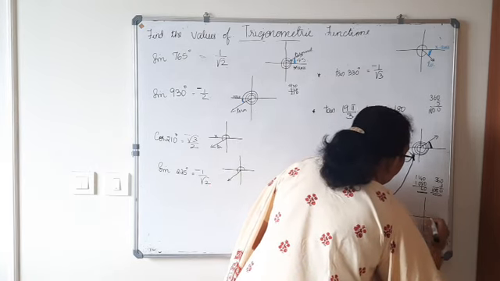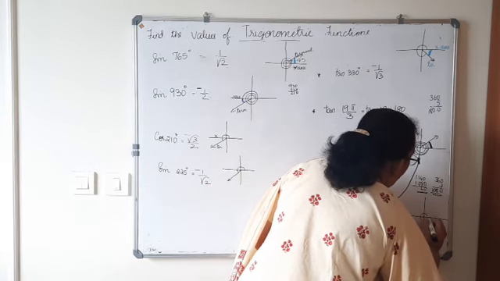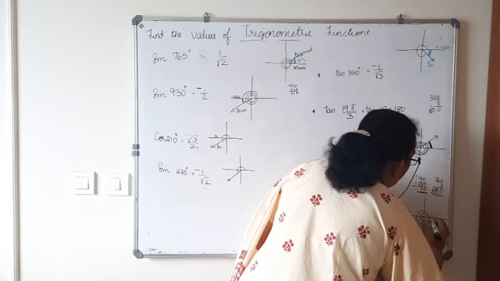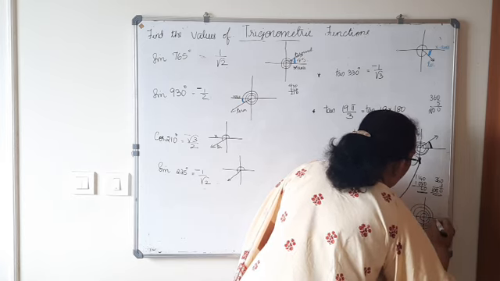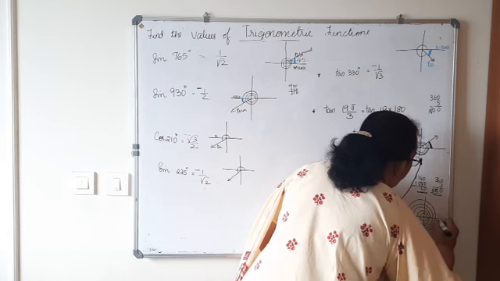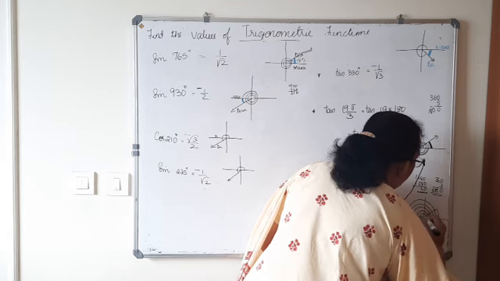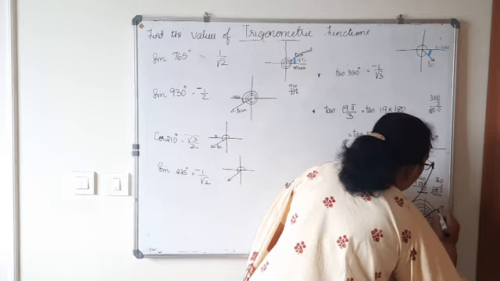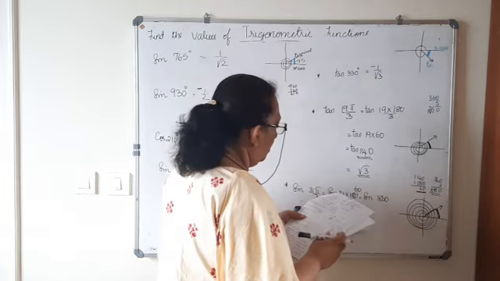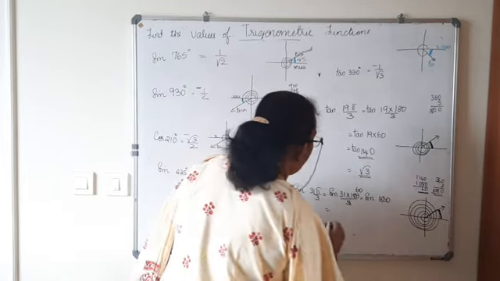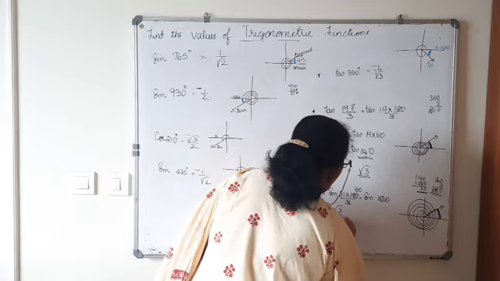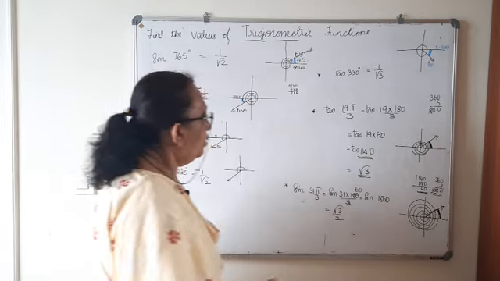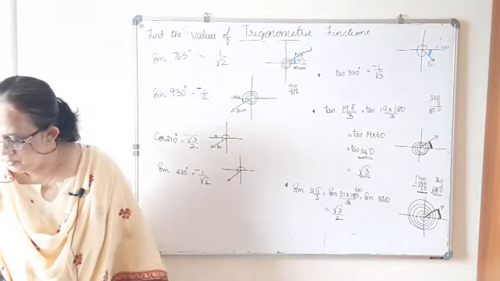Positive angle. 1, 2, 3, 4, 5. Sine 60. What is sine 60? Sine 60 is equal to root 3 by 2 and it is in the first quadrant. So in the first quadrant it is positive.